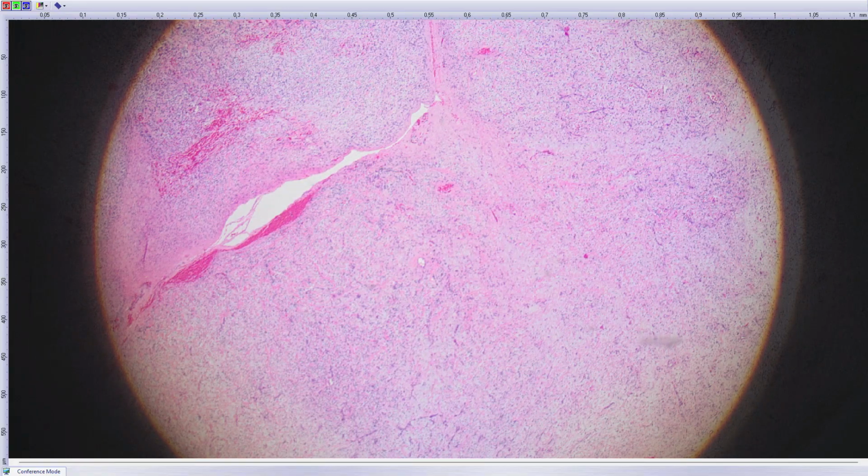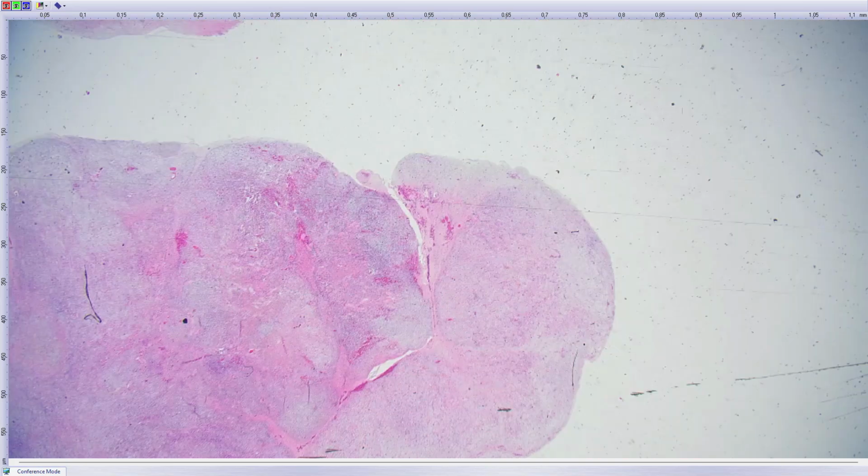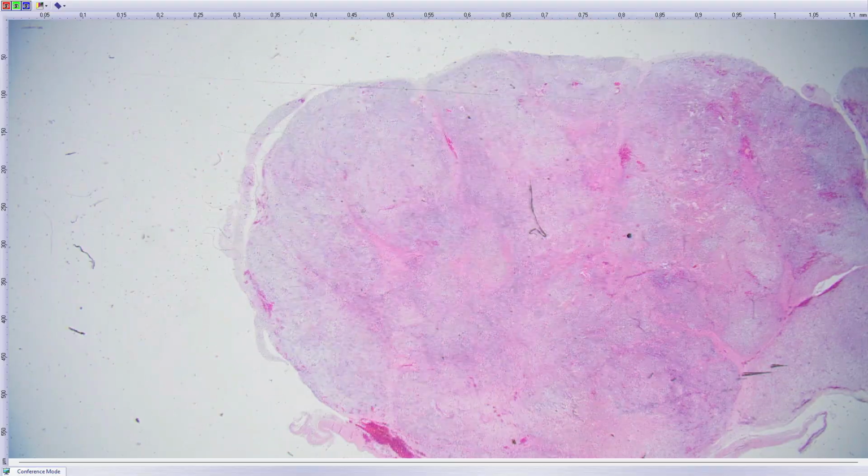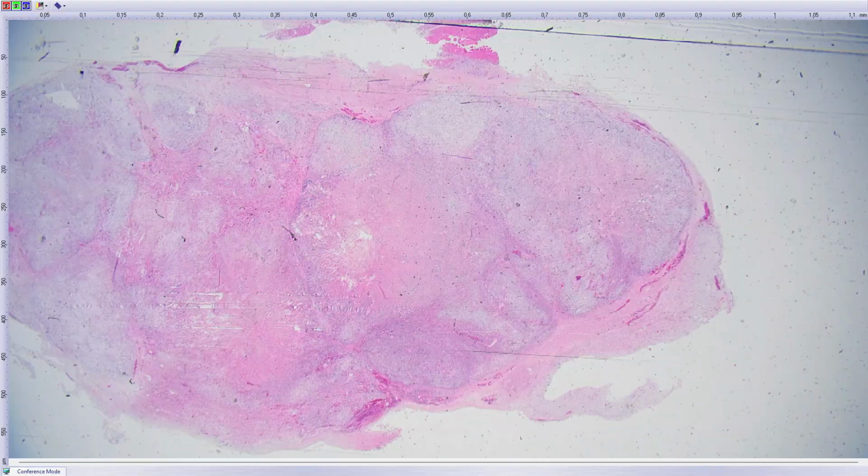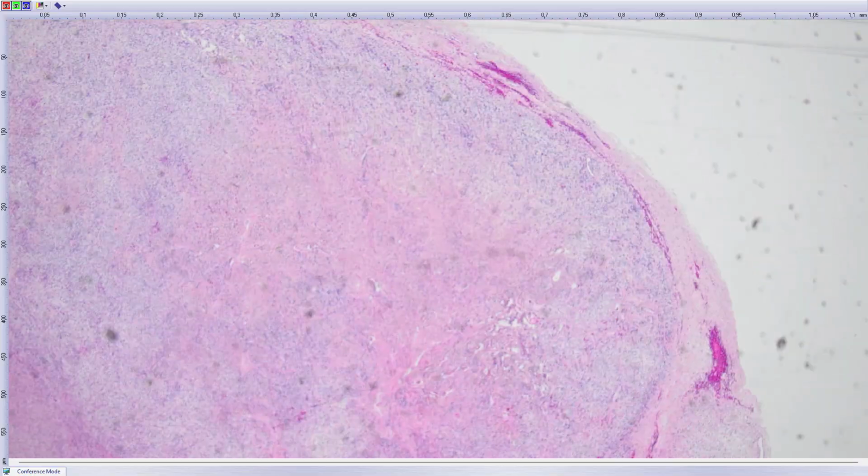But perhaps, for me at least, the most interesting, the most beautiful. It's a benign tumor, so we can call it beautiful. So again, somewhat multinodular appearance, somewhat a mix of fibrous stroma.